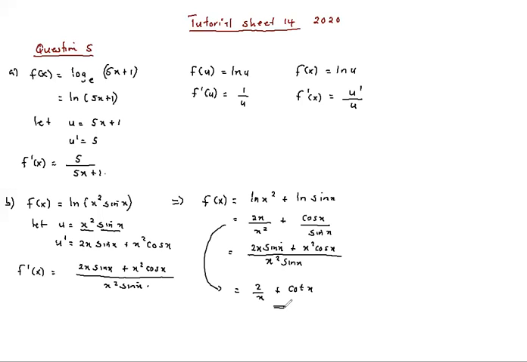So we go to the next question. We look at C. C is f of t is equal to log 3 of x squared plus e to the x. Now we have a log 3. Do we have a standard way of going about logs if the base is not e?